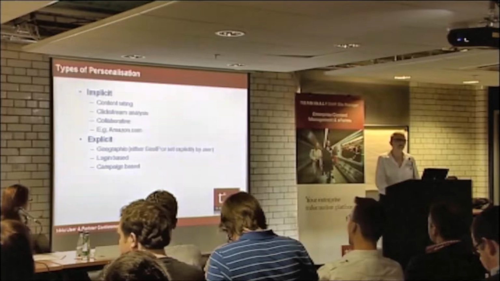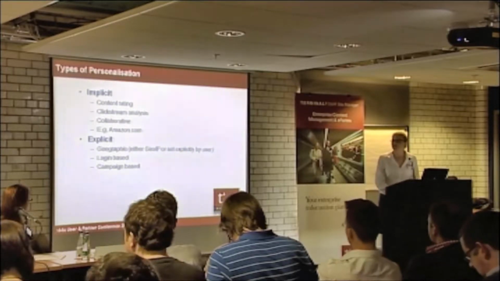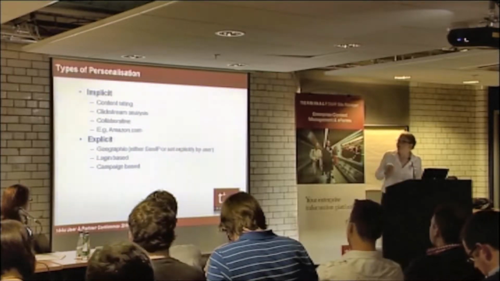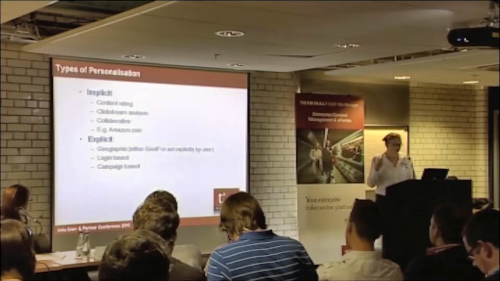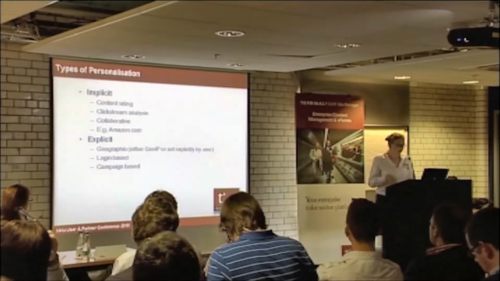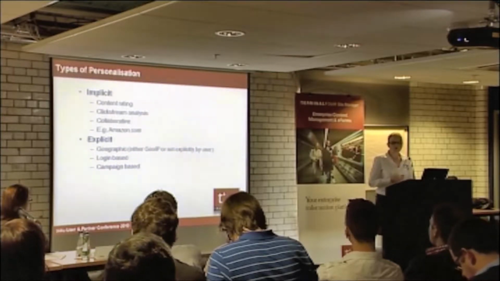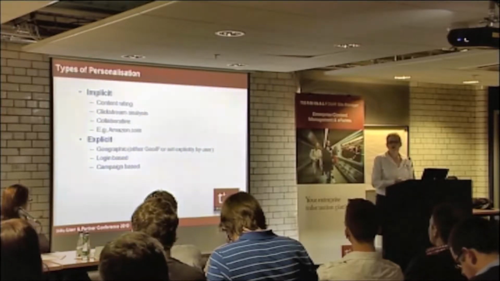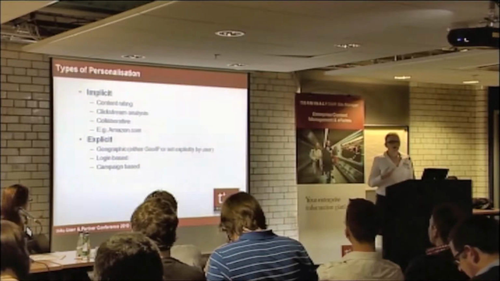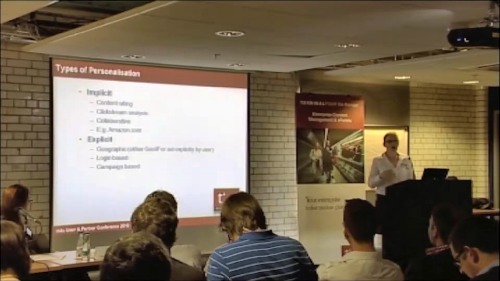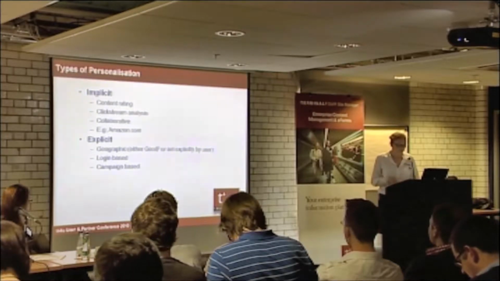The other type is explicit. Explicit is where the information isn't following where you click and what you view. It's more based on characteristics of you. So where are you geographically? Or login based. So you log into a site and it has particular profile information about you and what you see.